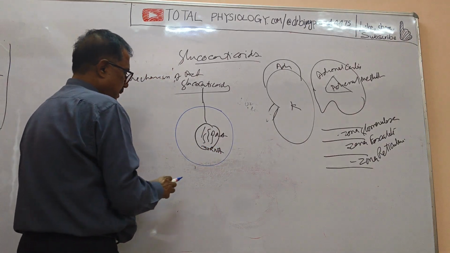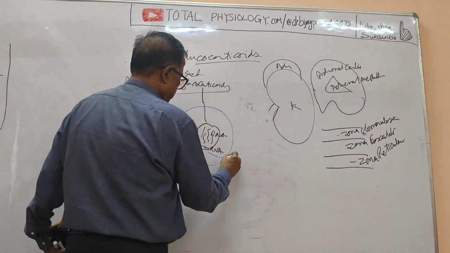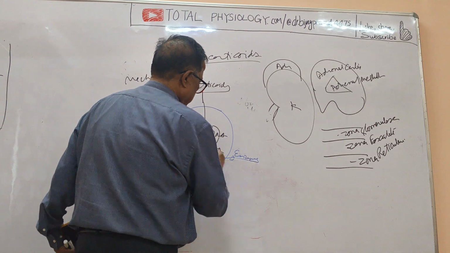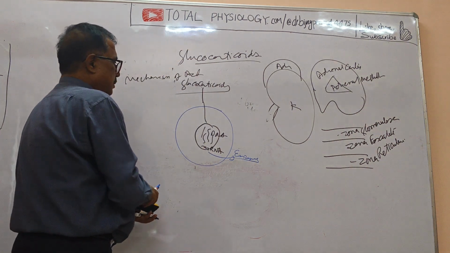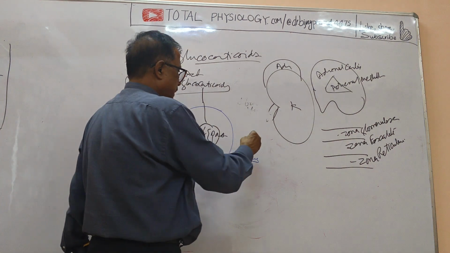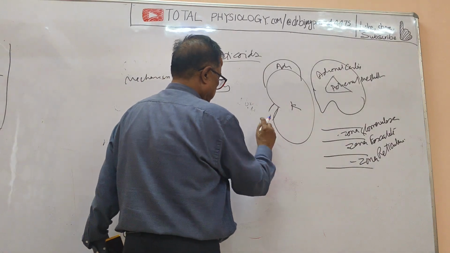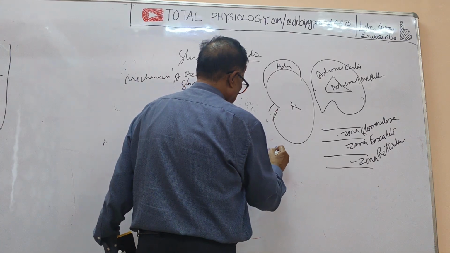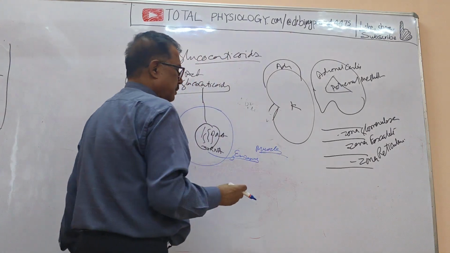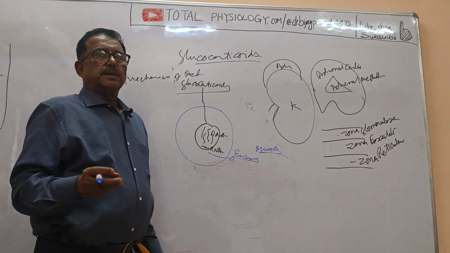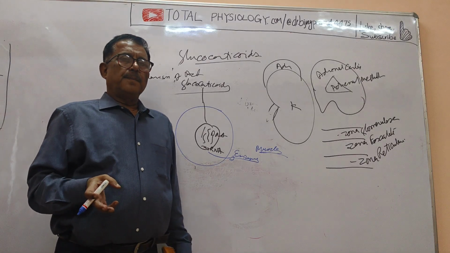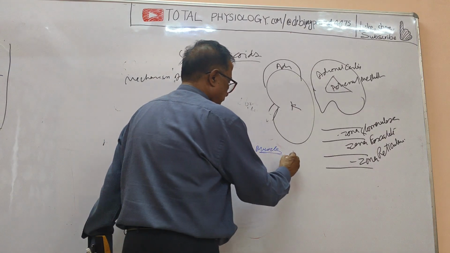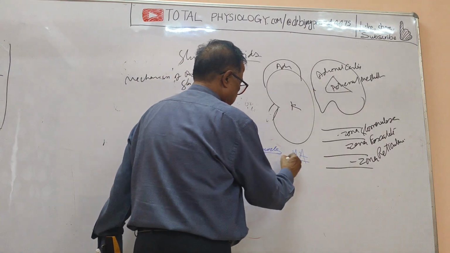This messenger RNA will cause formation of many types of enzymes that will exert action on different parts. On muscles, it will cause destruction of muscle protein, releasing amino acids.